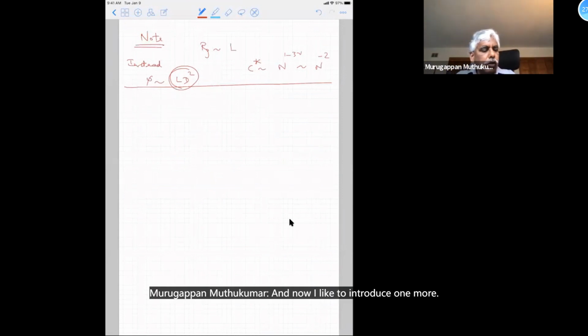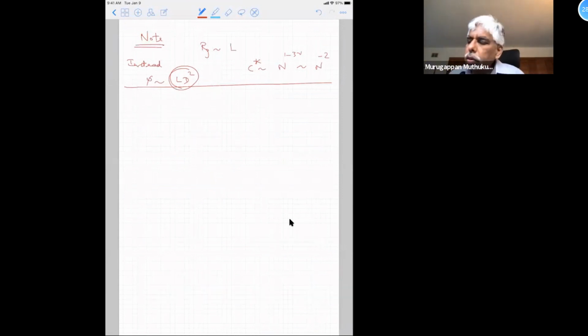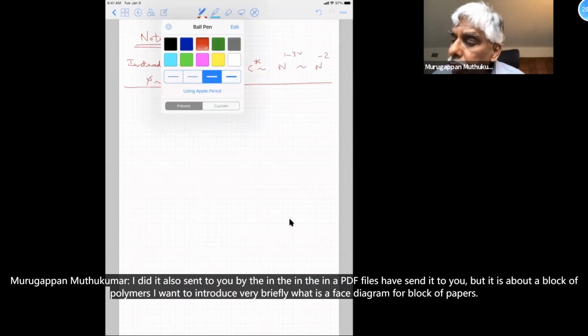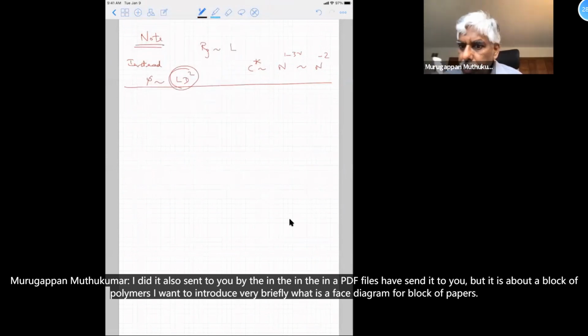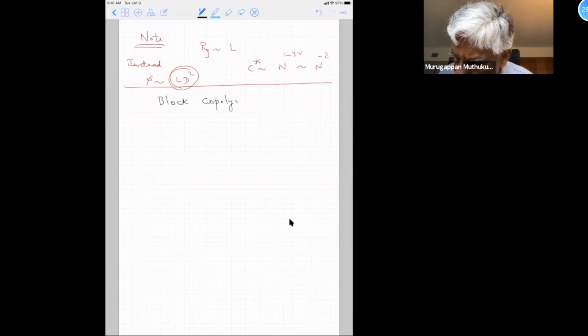Now I'd like to introduce one more small topic, which I have also sent to you in the PDF files. This is about block copolymers. I want to introduce very briefly what a phase diagram for block copolymers is.